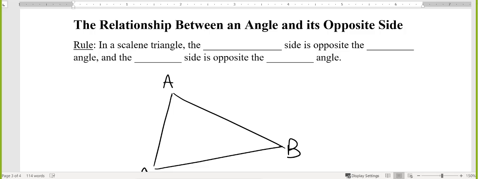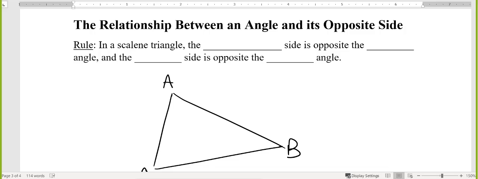All right, last concept for today, the relationship between an angle and its opposite side. So when you talk about a scalene triangle, and if you remember, what does scalene mean? It means that all three sides have different lengths.